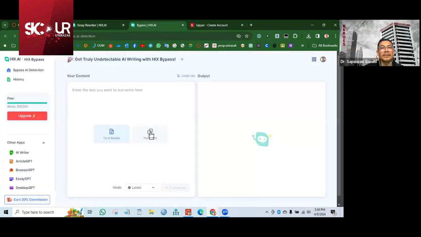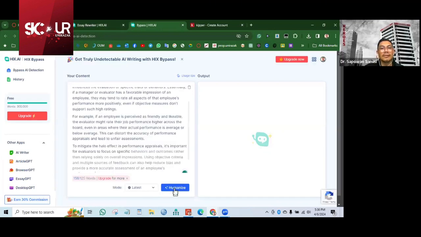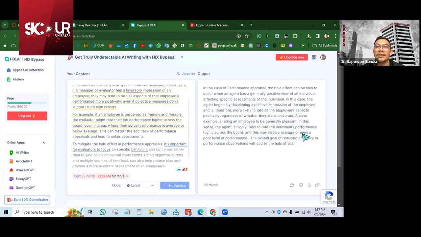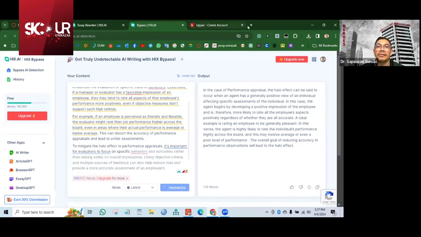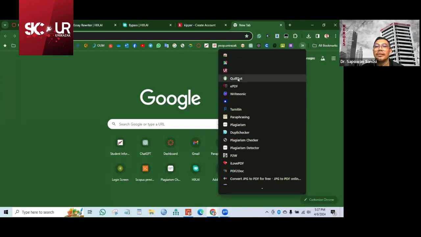There is a limitation of words, 150. Yeah, because this one is free. Very nice. Okay, this one is humanized already. You go to Quillbot.